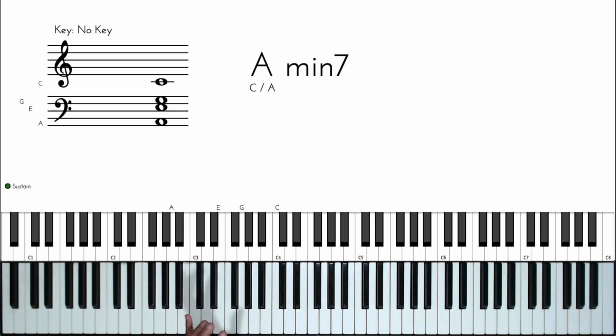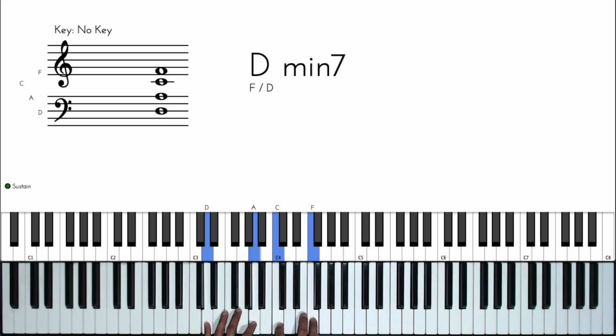Okay, now there's another chord that we can add to this same progression, and it's more of a passing chord that leads us to the F, right? And it sounds something like this.